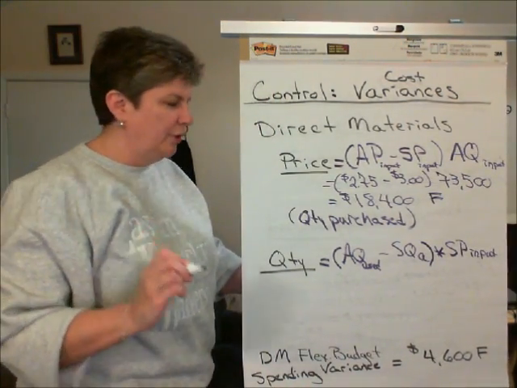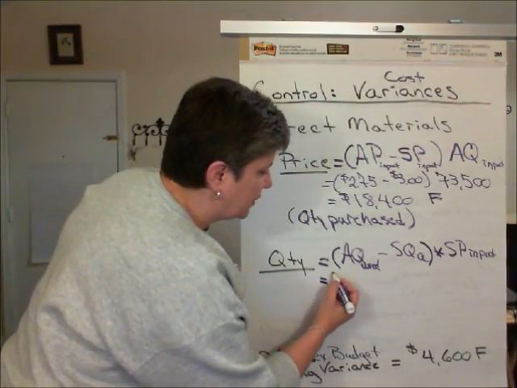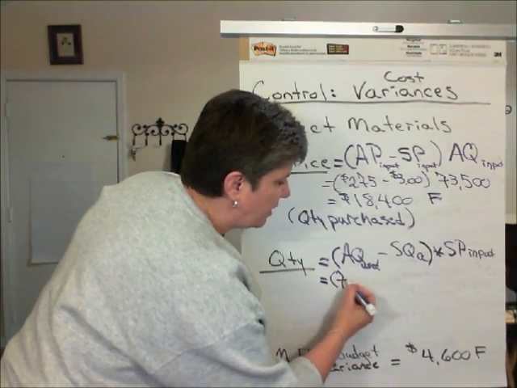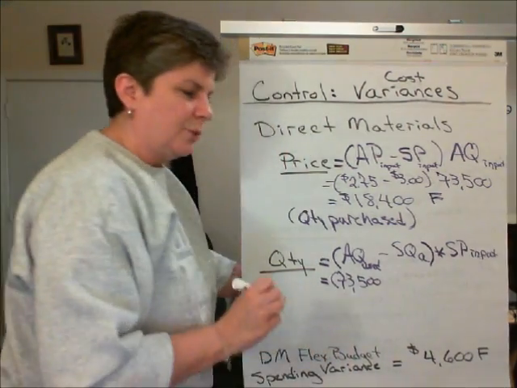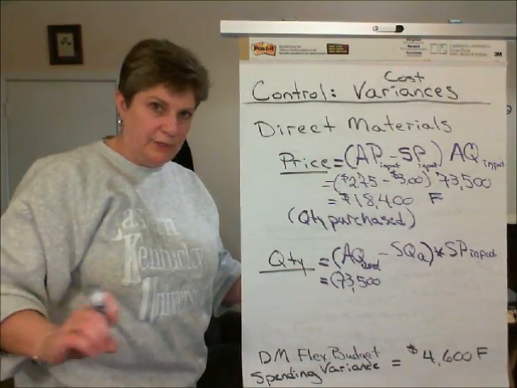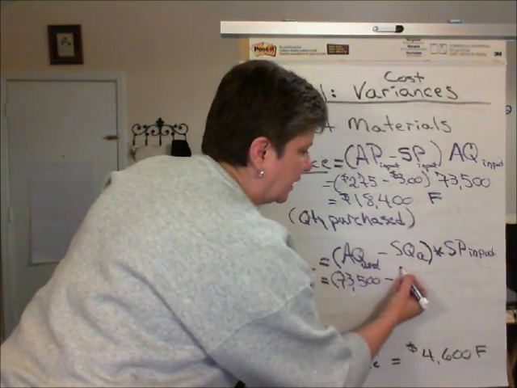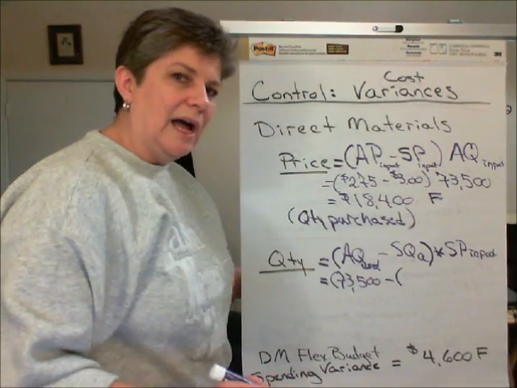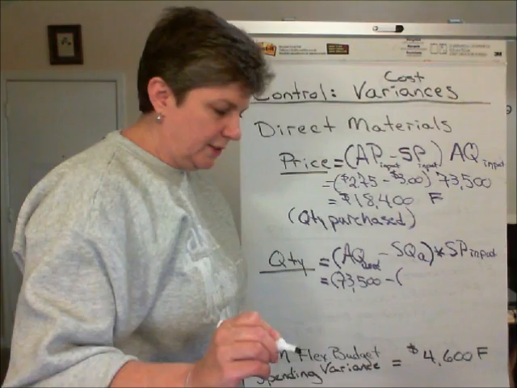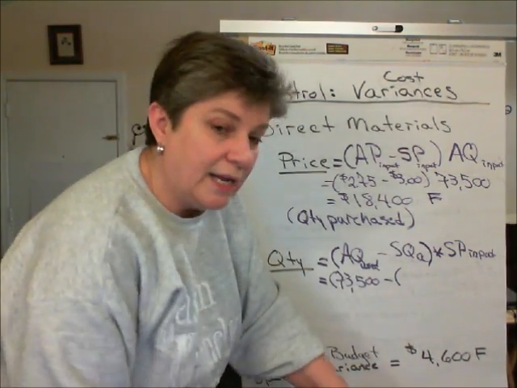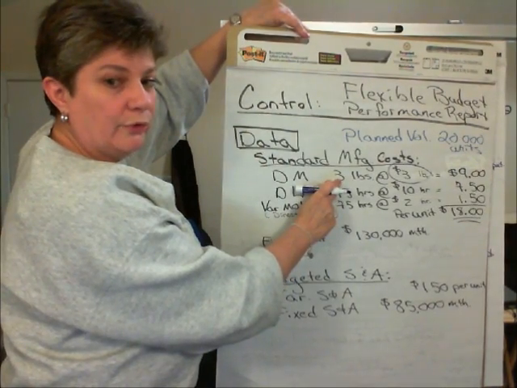Again, be careful when you're doing this. All right, let's crunch the numbers. We actually used 73,500 pounds of material. Remember, in this one, quantity purchased and the quantity used were the same. Then to calculate the standard quantity allowed, we will multiply the standard quantity of materials per unit. And remember, our standard quantity was 3 pounds per unit.